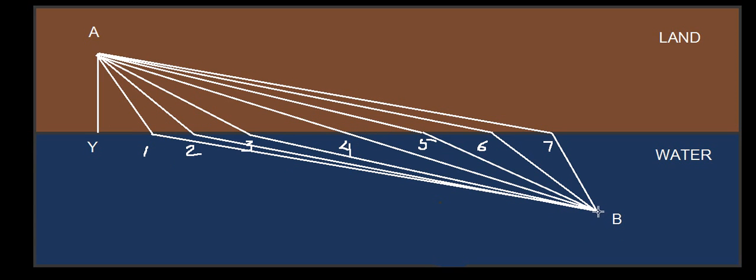For that, let us draw a graph. Let us take the times taken to reach the point from A to B through different paths on the y-axis and the distances of these points from point Y on the x-axis. If you plot a graph, this is the graph we find.